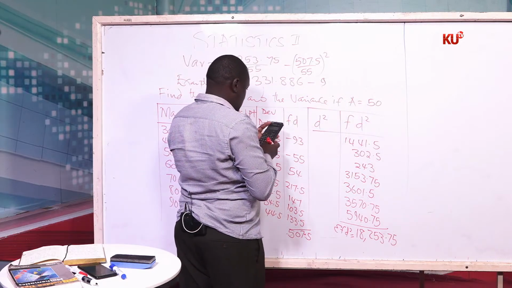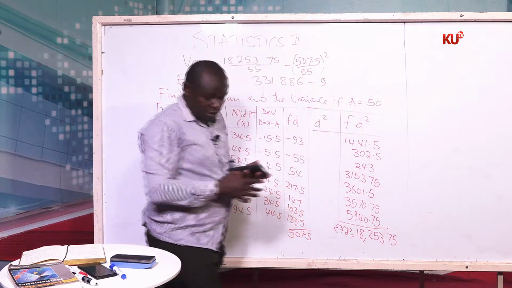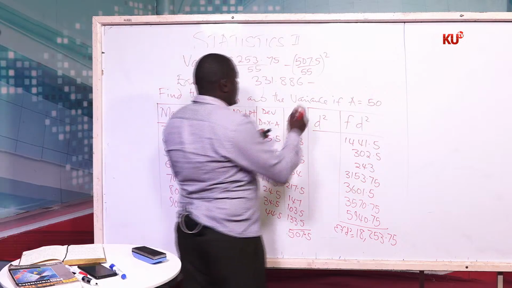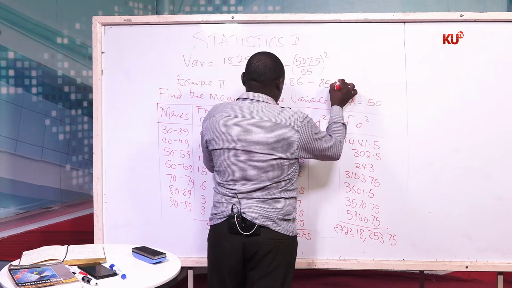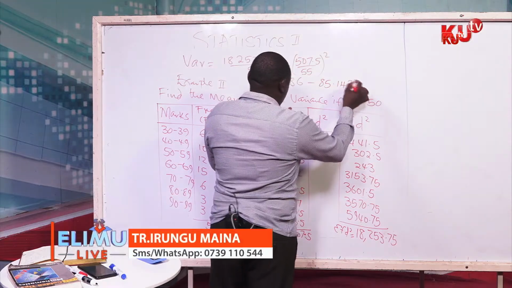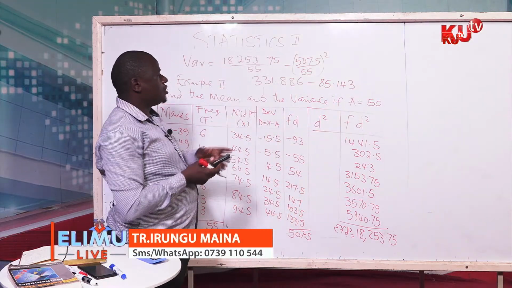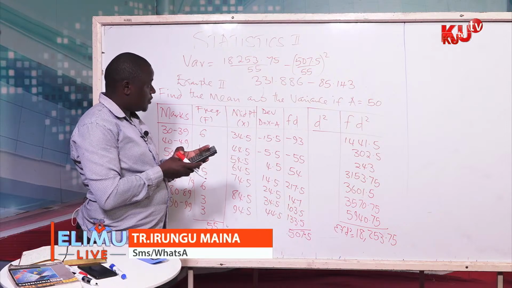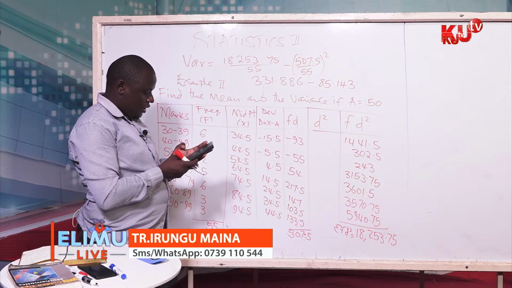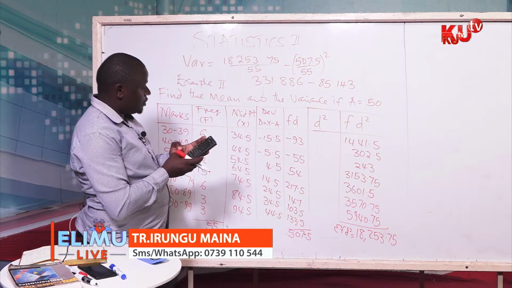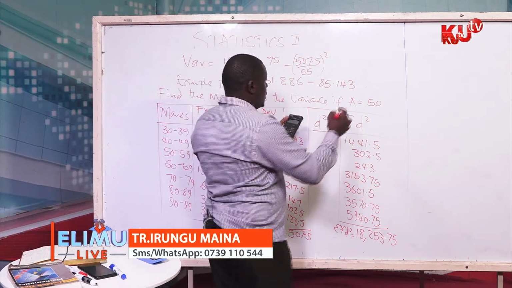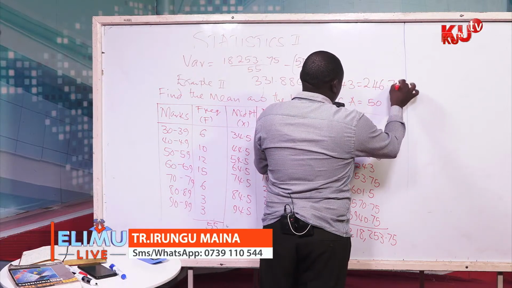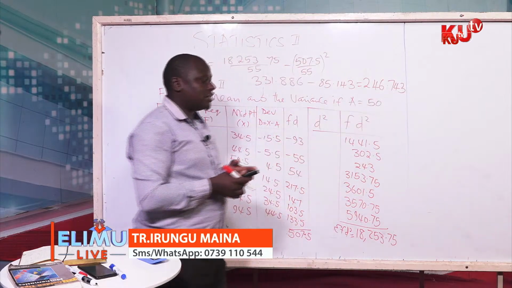The answer squared gives you 85.143. So we are simply saying 331.886 less 85.143, and you end up with 246.743. This is your variance.